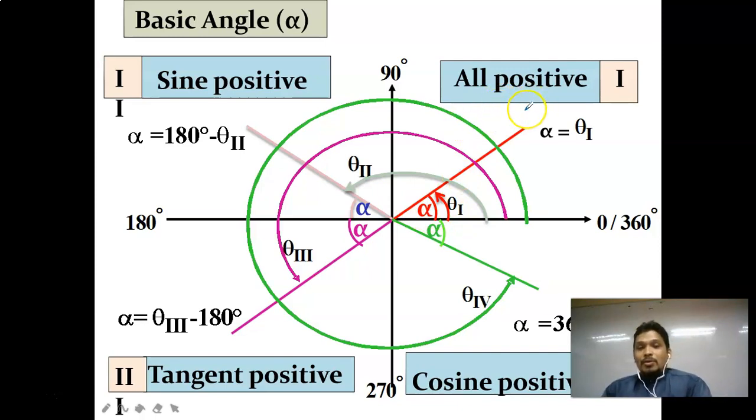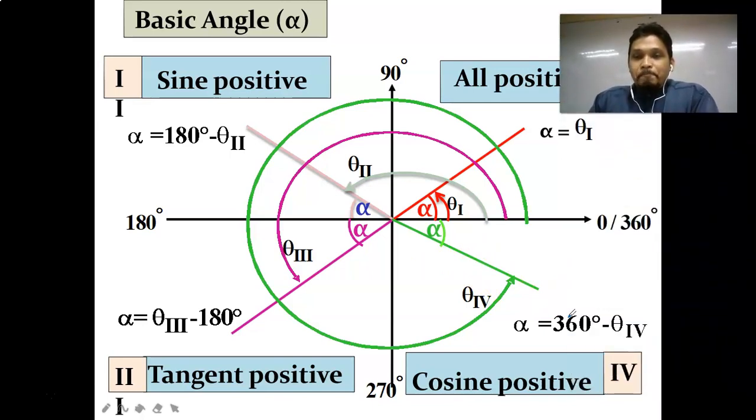But in the second quadrant, it's only positive for sine, but the rest, cos and tangent, are negative. And for the third quadrant, it's only positive for tangent, but negative for sine and cos. And for the fourth quadrant, it's only positive for cos, but negative for sine and tangent.